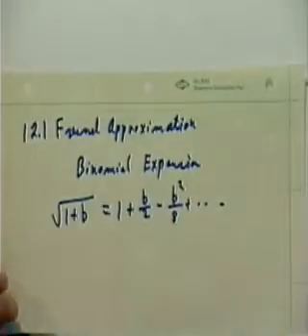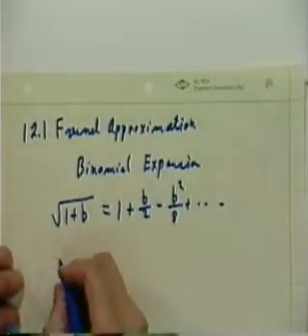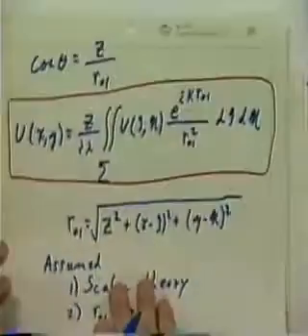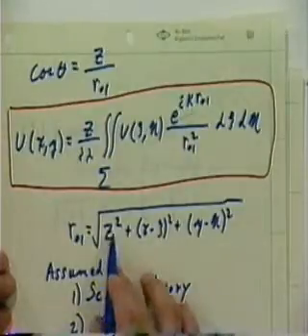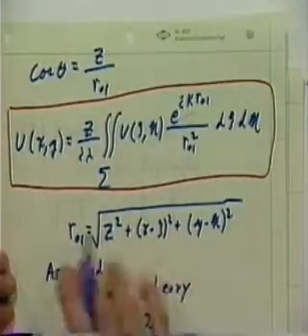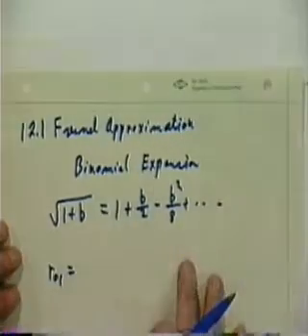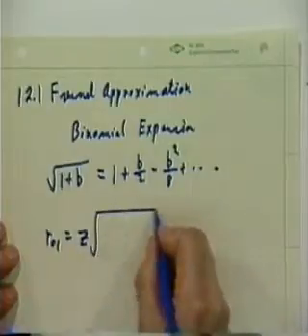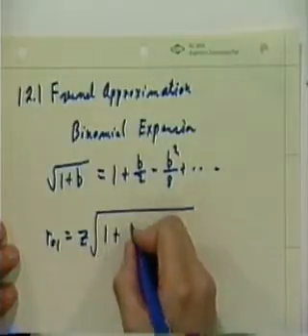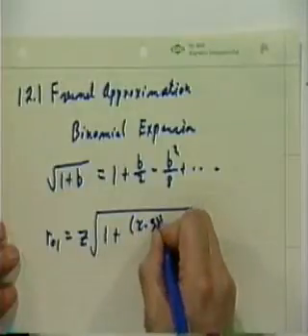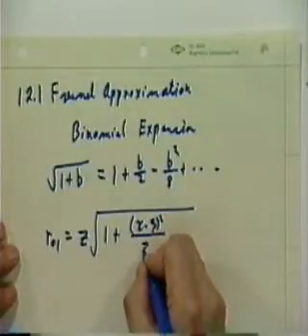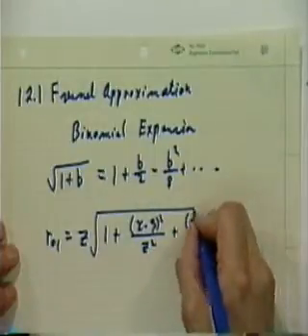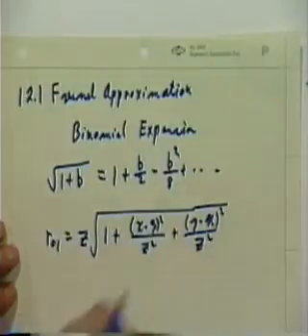And so what we'll do is we'll go to our expression for R01. And we know that z is going to be large compared to anything else, so I'm going to take z outside. I'm going to say this is equal to z times the square root of 1 plus x minus squiggle squared over z squared plus y minus eta squared over z squared.